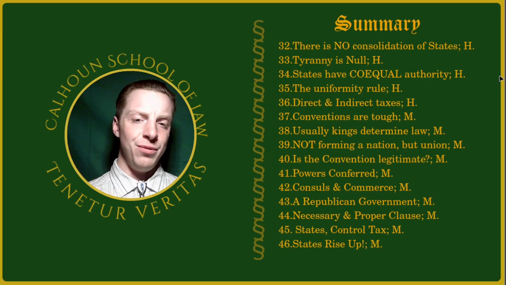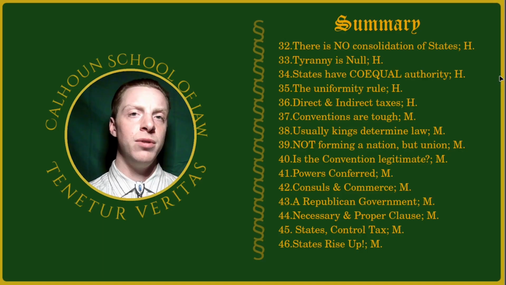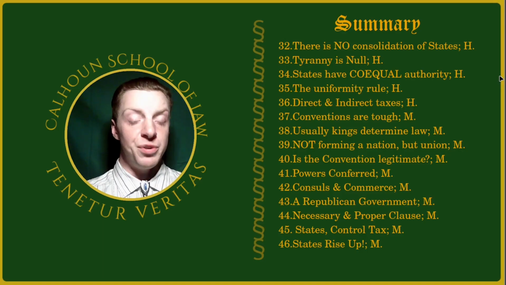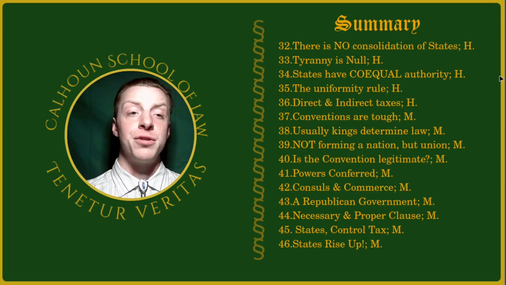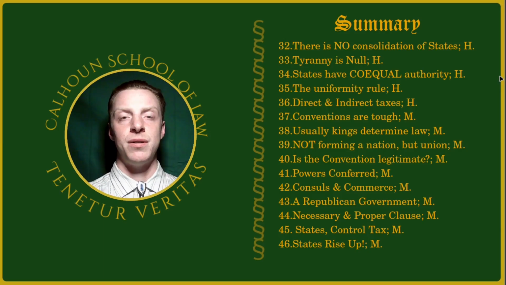In 41, he goes into very solid detail about the powers being conferred directly to the Union government, and he says very specifically, the powers conferred are directly enumerated. Everything else is retained by the states.